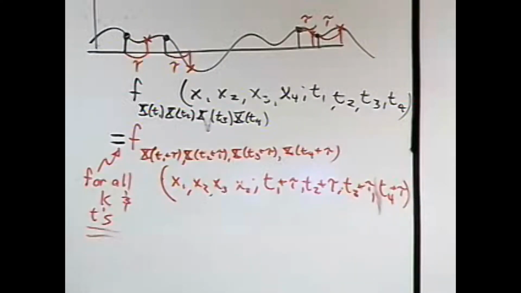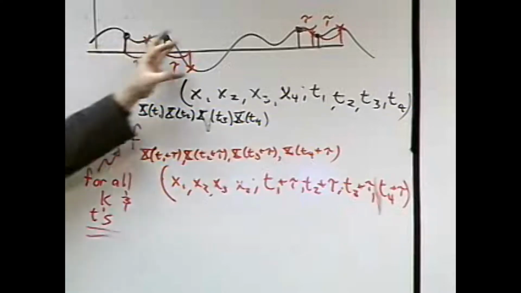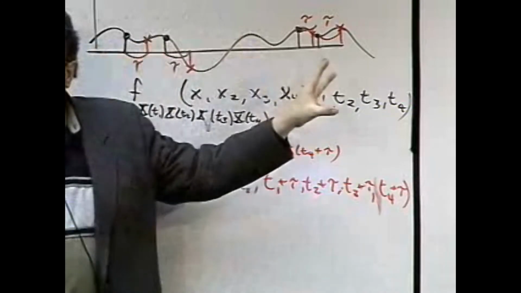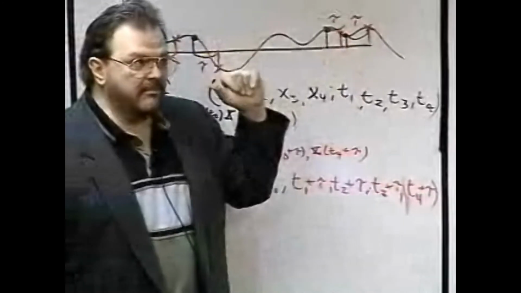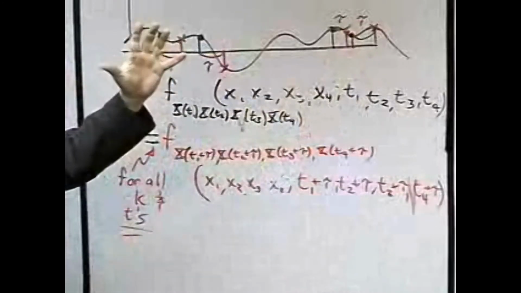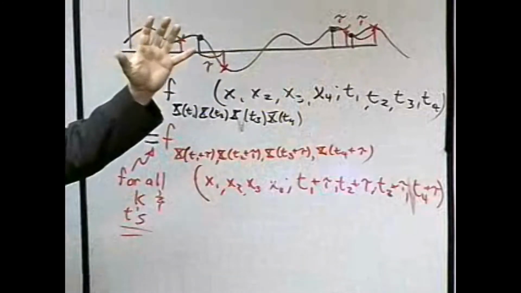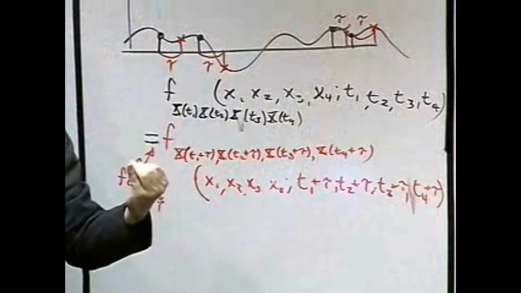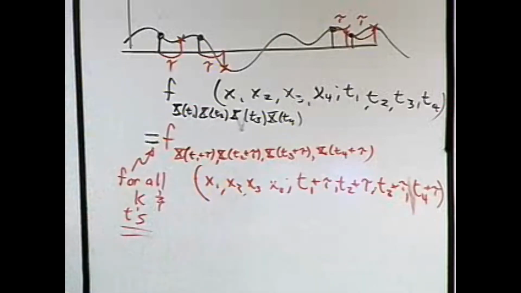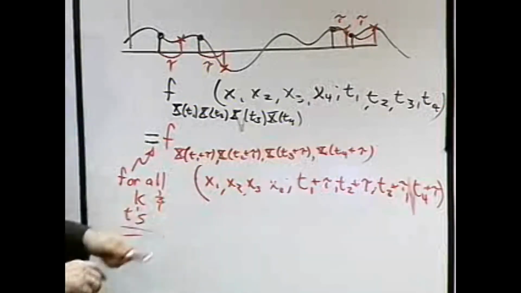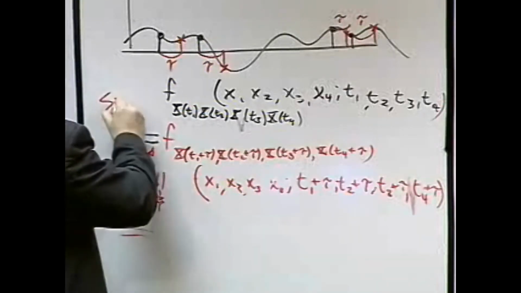In other words, I would have to do this for 87 different points. I would have to look at all combinations of 87 different points and make sure that those 87 different points, when I shifted them, had the same density function as before I shifted them. That's a pretty drastic, pretty strict definition for stationarity, right? And so you can see why this is referred to as being stationary in the strict sense.